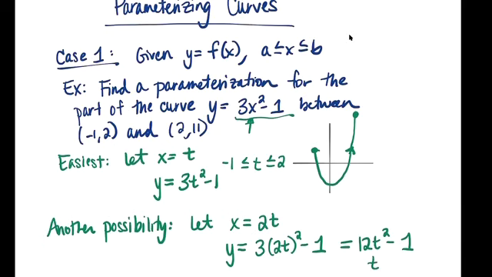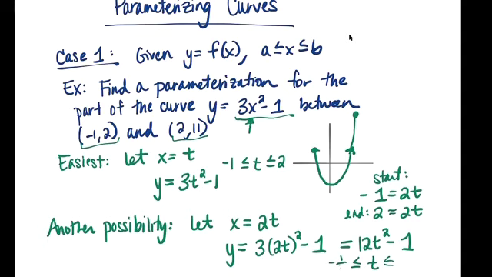But if I'd like to still trace out from exactly this point to this point, then since I want x to start at -1, I'm going to set up this equation to figure out where my t is going to start. And the end is going to be 2, because x needs to be 2 there. It's equal to 2t. So my t is now going to go from -1/2 to 1.